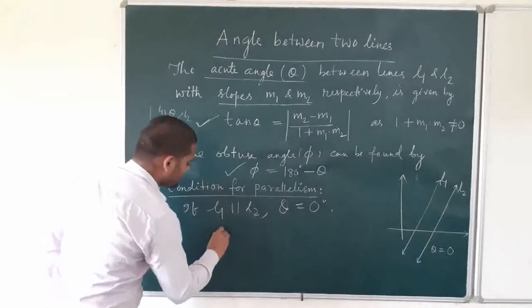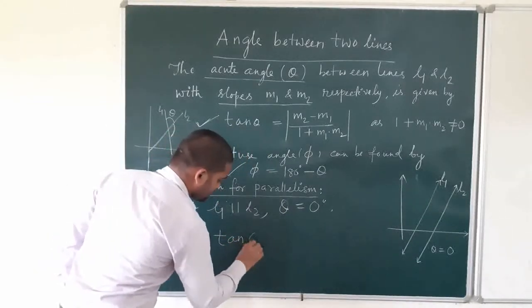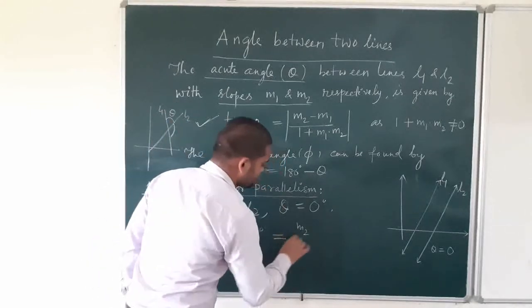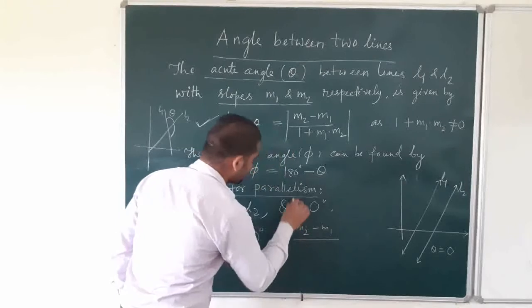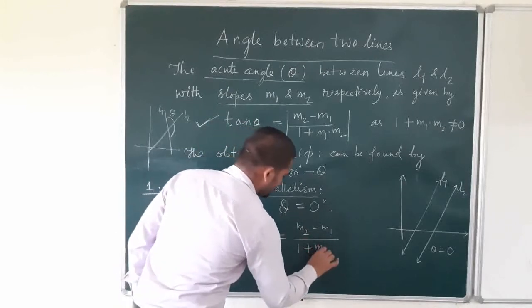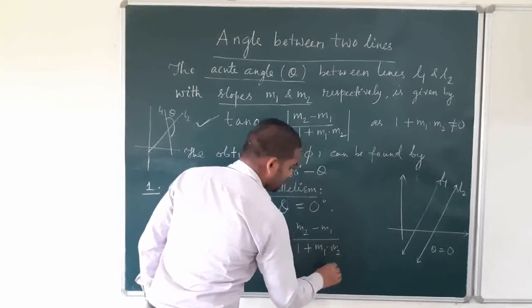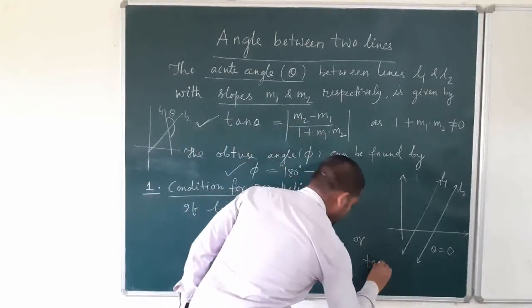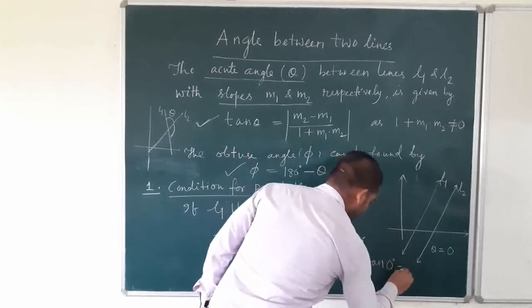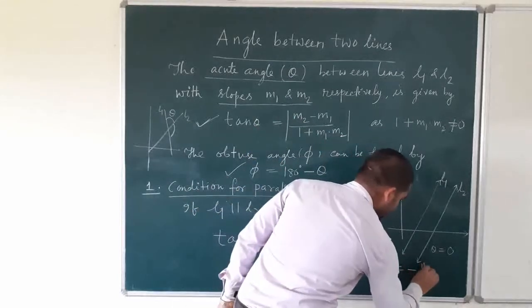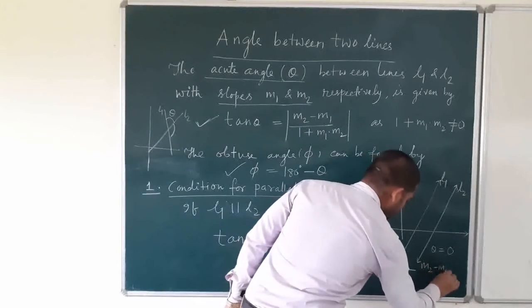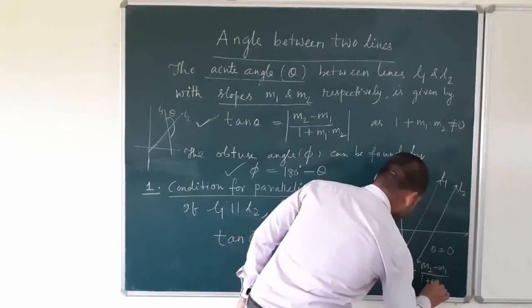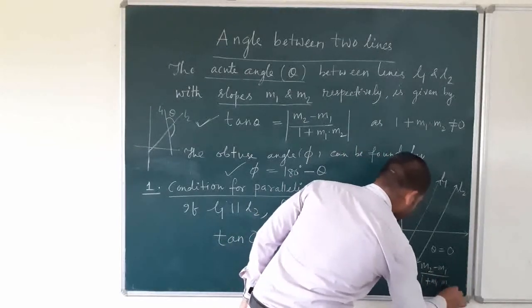Then you can write tan 0 degree is equal to m2 minus m1 by 1 plus m1 m2, or you may write tan 0 degree is equal to minus of m2 minus m1 by 1 plus m1 into m2.